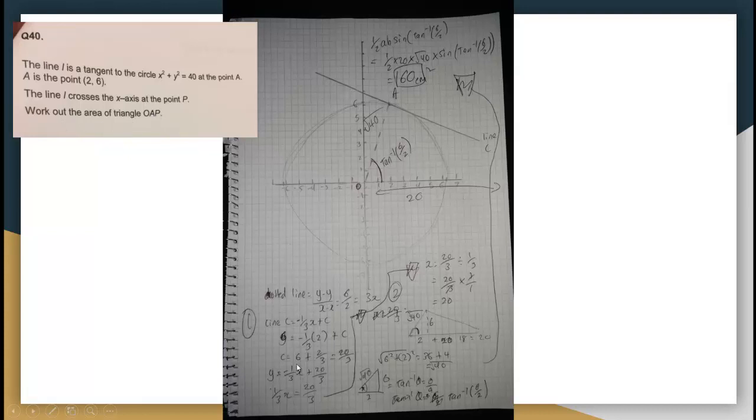So we start off with trying to work out the equation of this line, because you know that the lines meet at (2, 6).